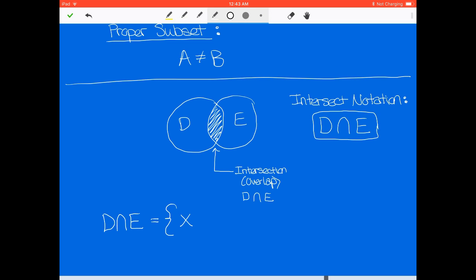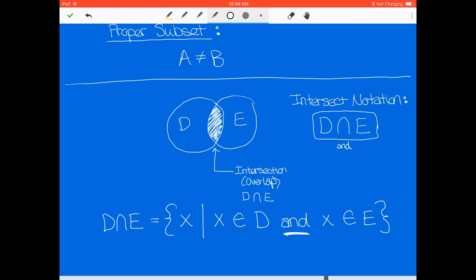I'm going to say X, which is going to be numbers, such that X is an element of D, and X also has to be an element of E. So here's the kicker: D and E. This is the set notation for intersecting sets, where they intersect.